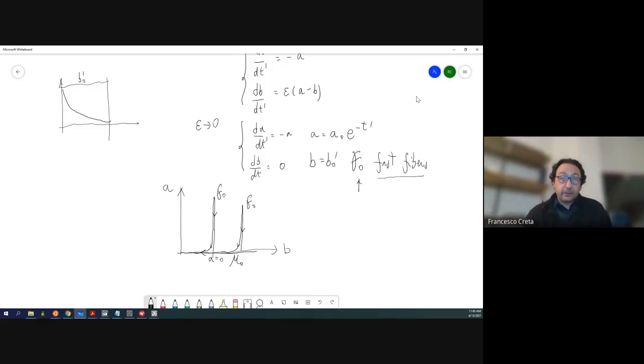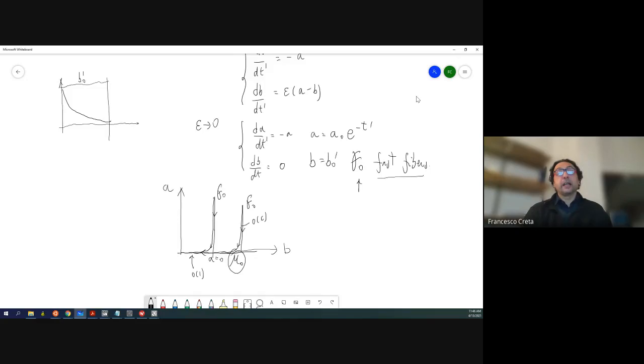This is a time scale of order epsilon, where our system decays onto the slow manifold, and then here we have a time scale of order 1. What we've done is take this fast-slow dynamics and try to give it geometrically a backbone, a sort of constraint, both in the fast time scale, but most importantly in the slow time scale, in the evolution.